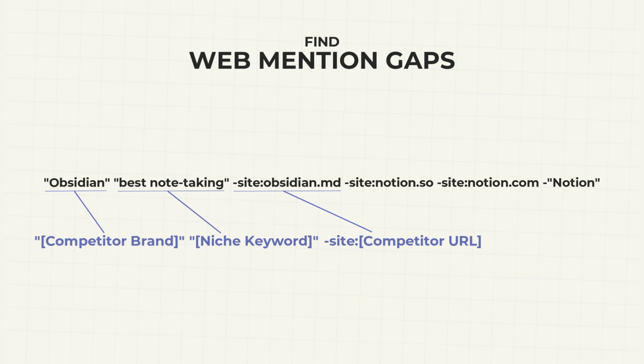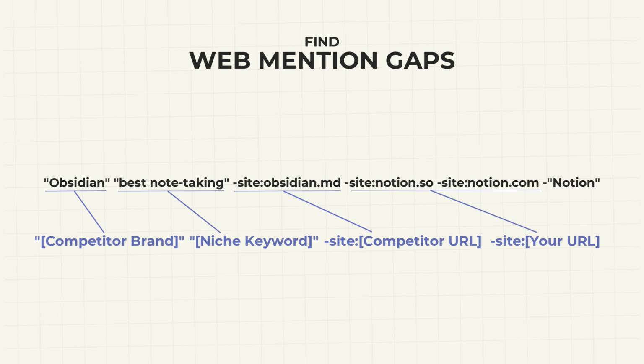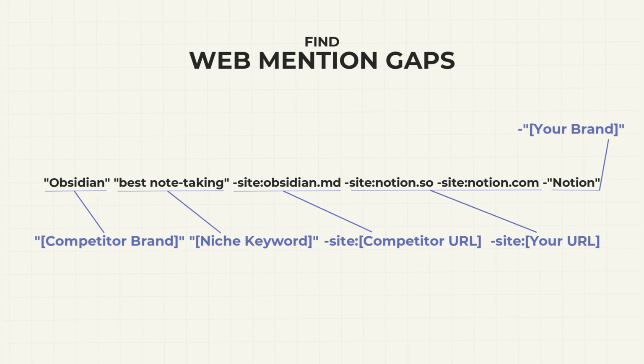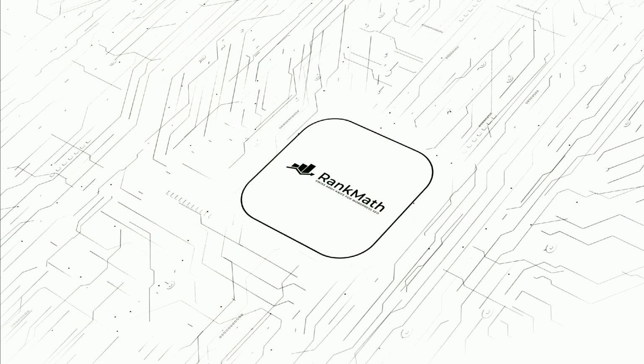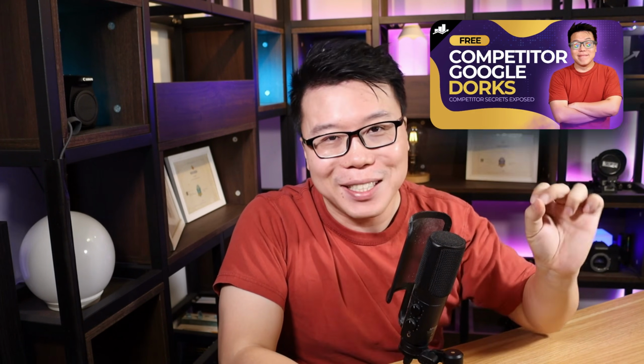But you do not want to see your competitor's own website, you do not want to see content from your own website, and you do not want to see any pages that include your brand name. You can simply replace these placeholders accordingly, and you will find those web mention gaps. For more advanced search operators for competitor analysis, you can check out this video right here. I'm pretty sure you will find something useful.